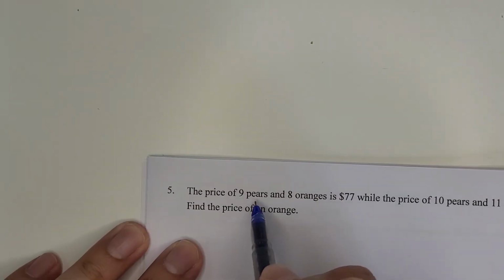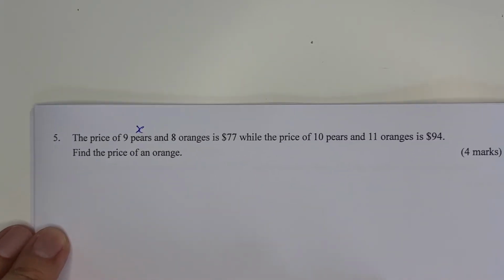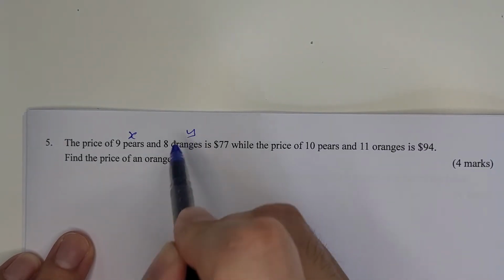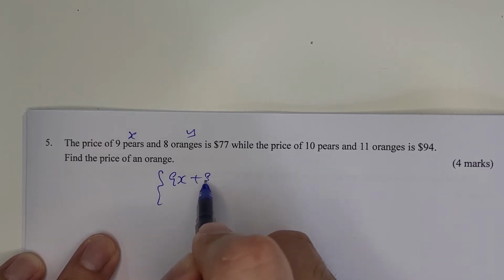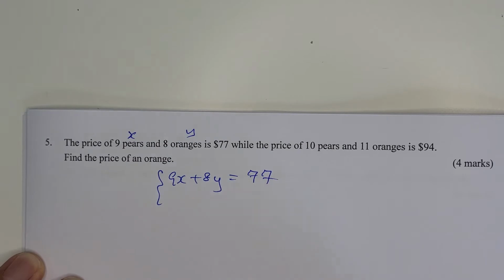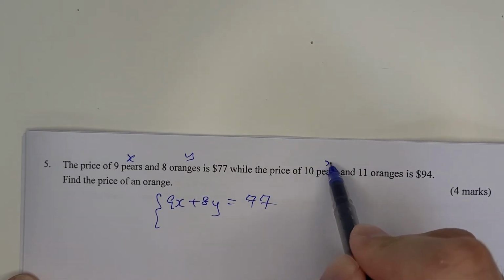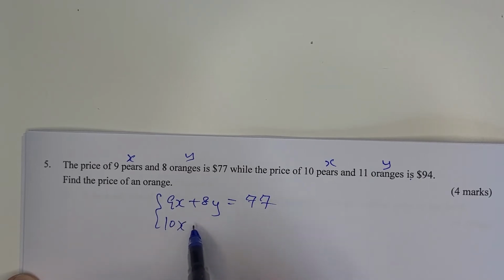You let the price of a single pear be x, and the price of a single orange will be y. So 9x plus 8y equals 77. And similarly, the price of 10 pears and 11 oranges is 94. So 10x plus 11y equals 94.